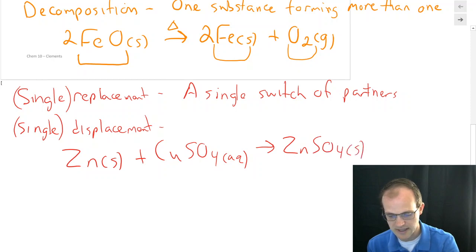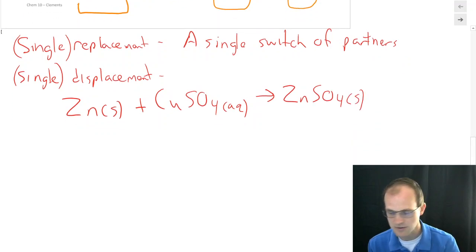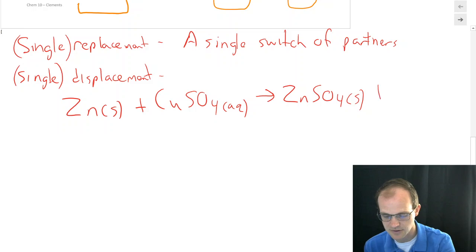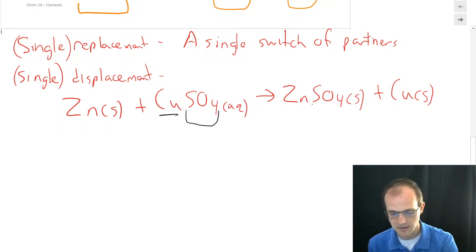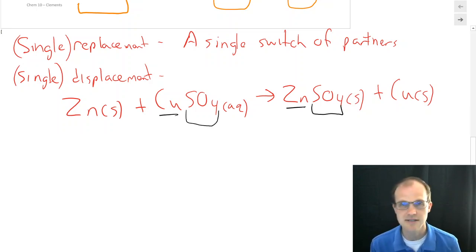Or remember, with zinc, we don't have to say the II because zinc only forms the 2+, so we can just call it zinc sulfate, and solid copper. So we see that this sulfate group used to be attached to copper, but then at the end it's attached to zinc. And so it switched partners, but only one thing switched partners. Just the sulfates moved around, everything else is the same, and we call that a single replacement reaction.